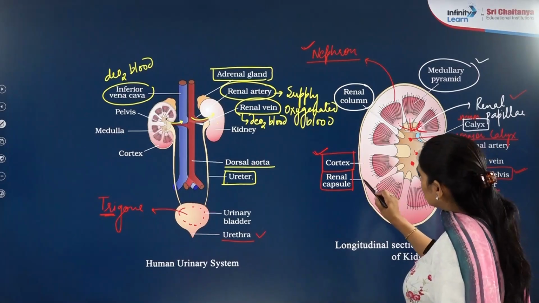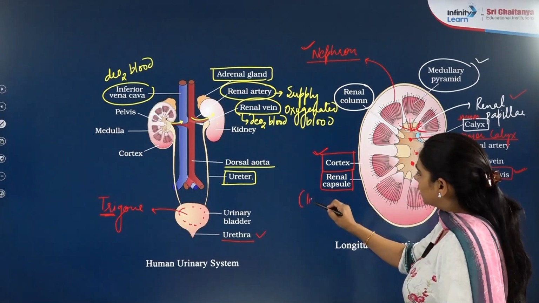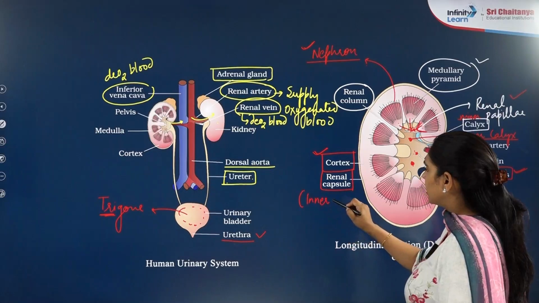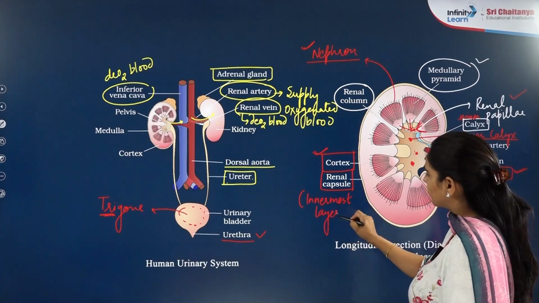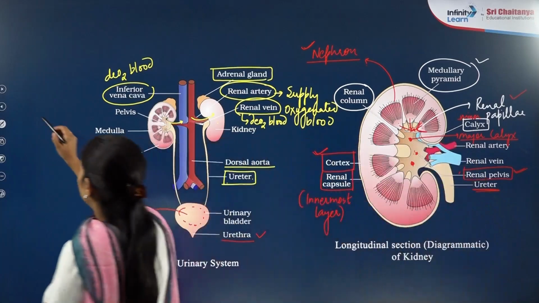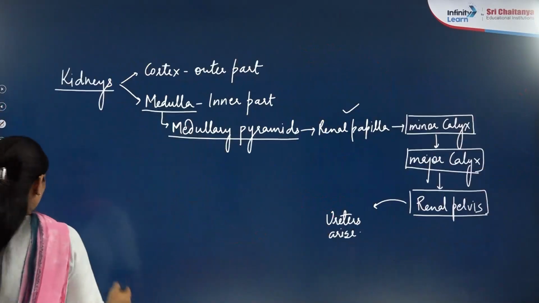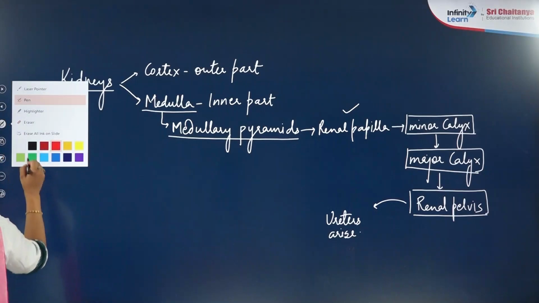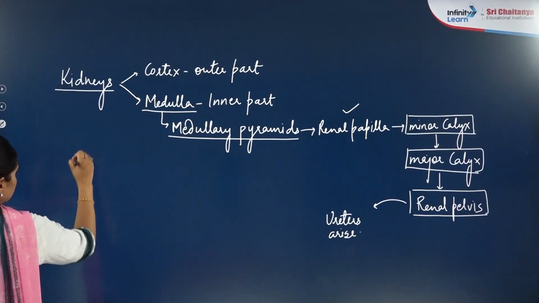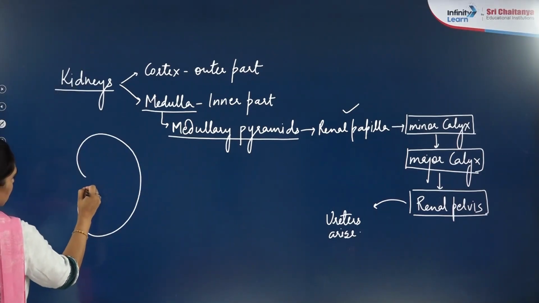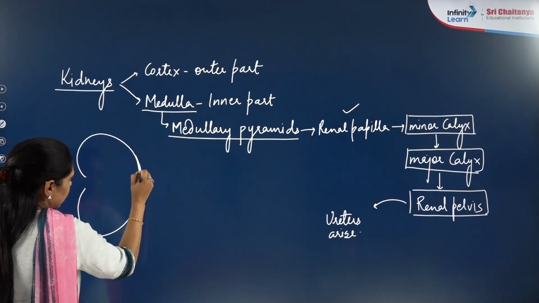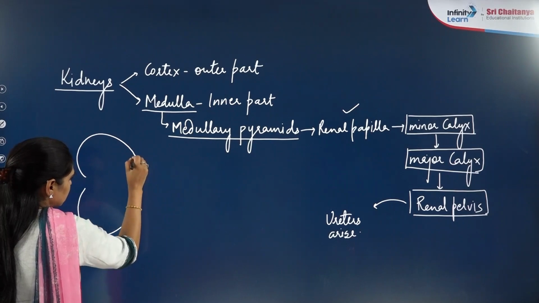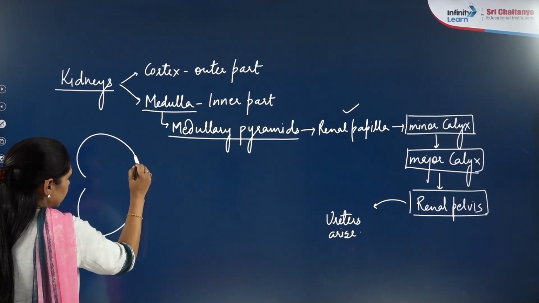This is actually the innermost layer of the wall of kidney, innermost layer, right? If I tell you the kidney wall, let us suppose this is kidney. So the innermost layer, labeled in the NCERT, is the renal capsule, right?